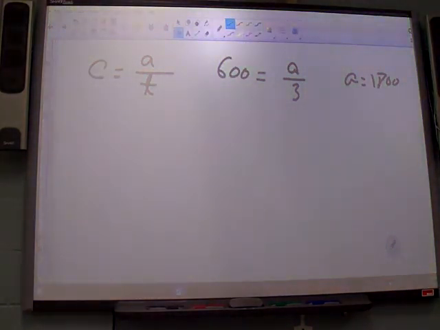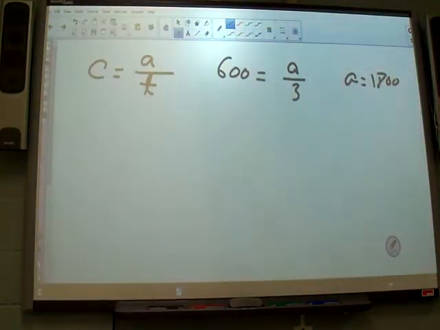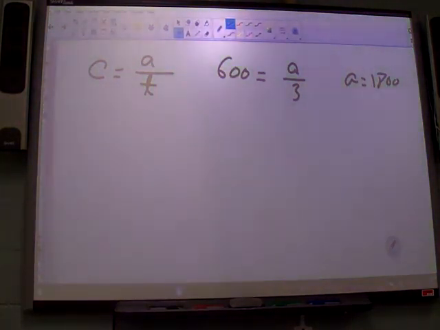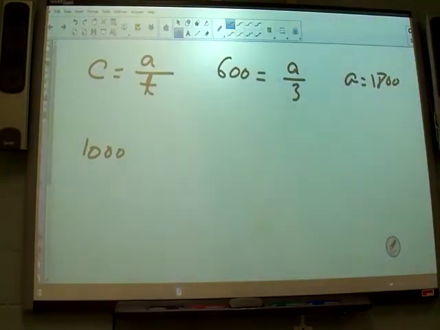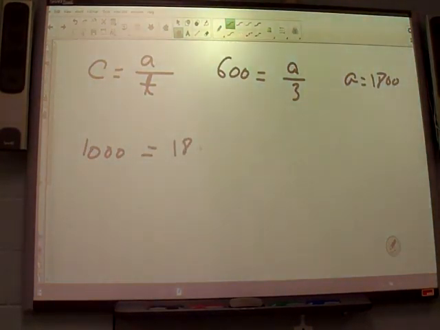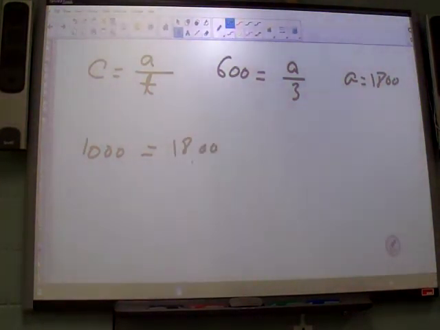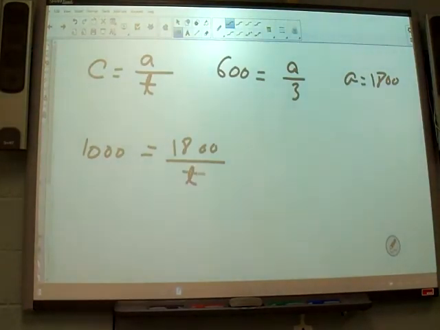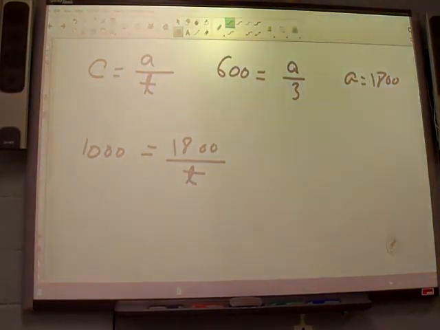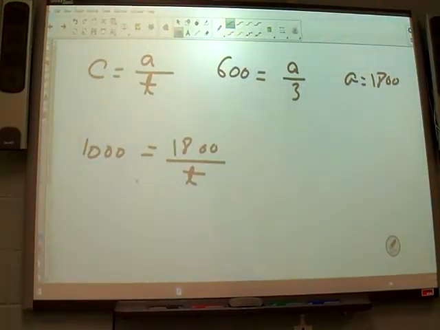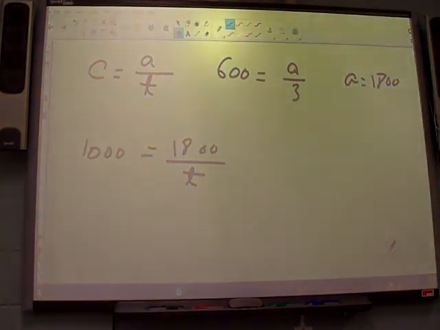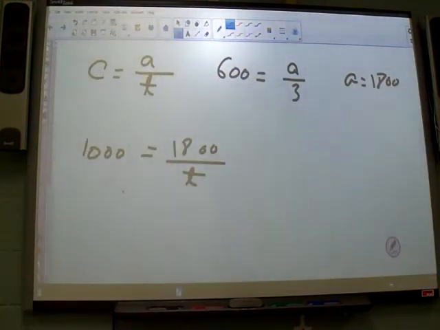Okay. So when there were 3 families, the vacation rental was 1,000. So 1,000 equals 1,800 divided by T. We've got to figure out how many families. Isn't this problem just like what we just worked?